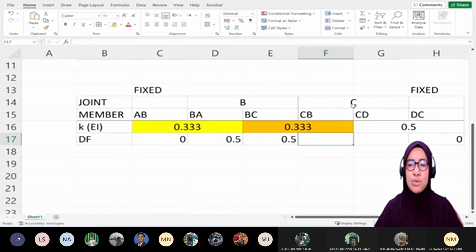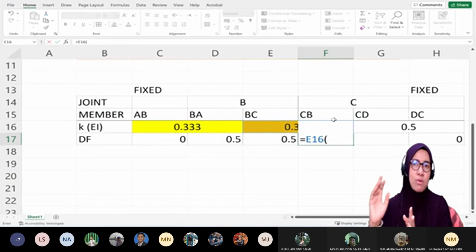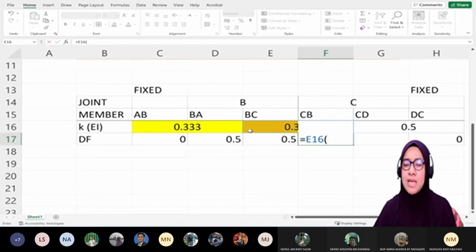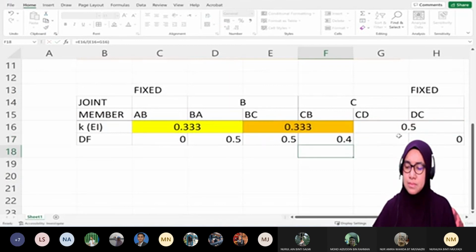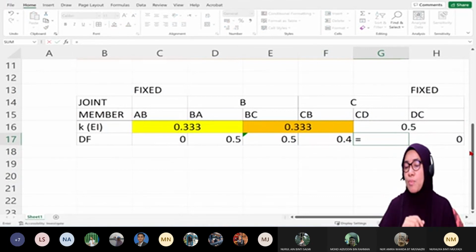So we continue to calculate DF for CB. DF for CB is 0.333 divided by total. Total C means from CB plus from CD. From CB we get 0.333, plus from CD we get 0.5. So it is 0.333 divided by total 0.833.